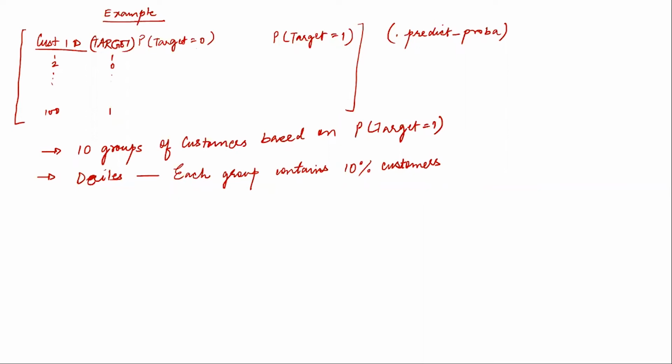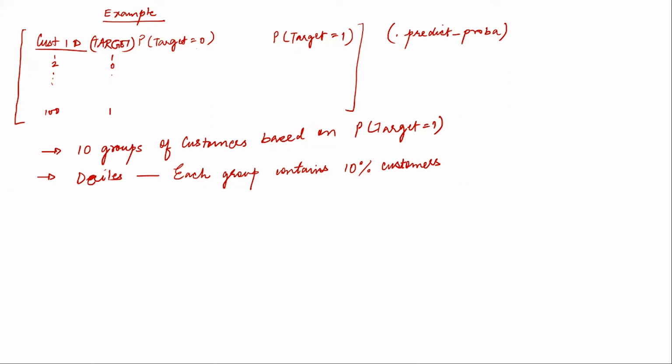Let me take an example from your school days. Say there's a class of 100 students. Everybody got their marks in some subject like mathematics. Now I want Saurabh, who's the class monitor, to create groups of 10 students each, so that the first group is composed of the people who have got the highest marks in maths. The second group will have the second highest, the third group the third highest, and so on.